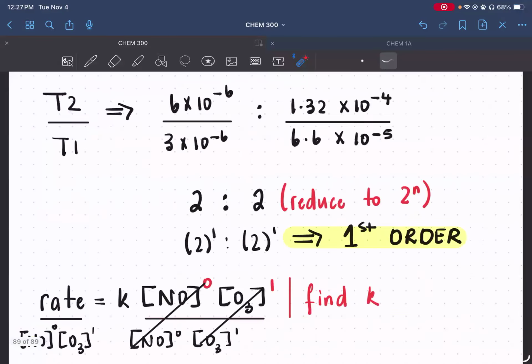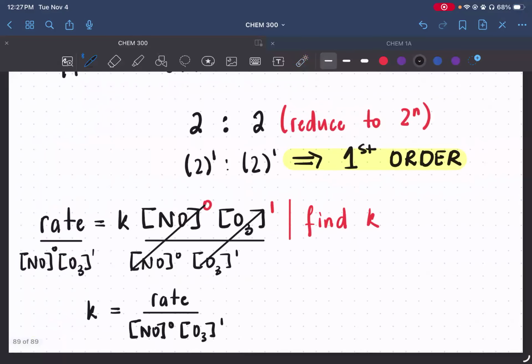So tell you what, let's arbitrarily use trial 3. I'm just picking trial 3. It doesn't matter which trial because they all should lead you to the same K. You should have the tables in front of you. I'm not going to swipe back up.